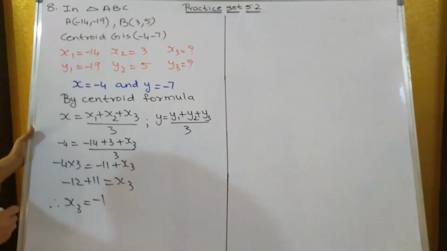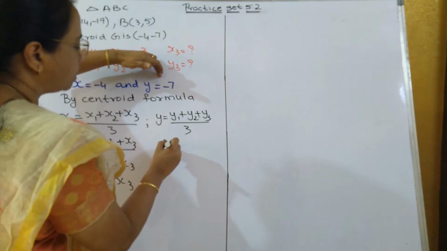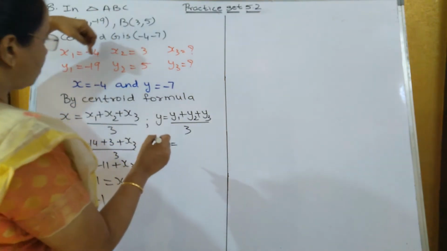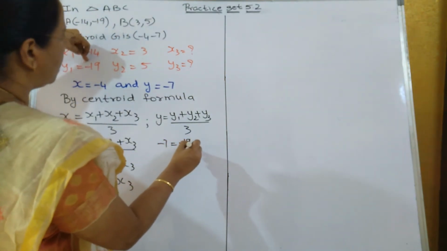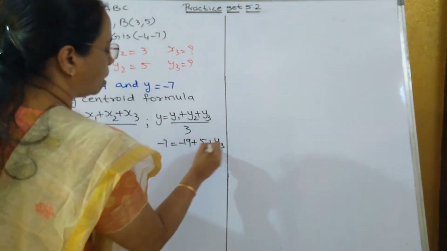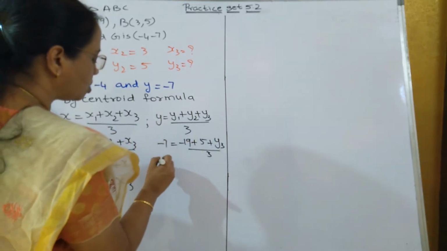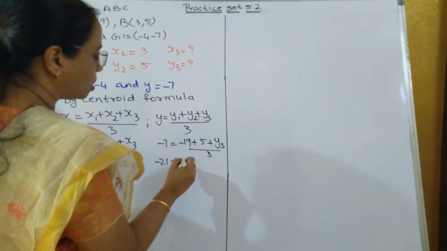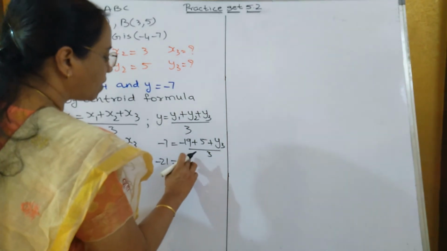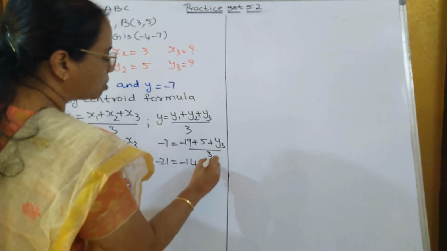Therefore x3 is equal to minus 1. Now y we already know, that is minus 7 is equal to minus 19 plus 5 plus y3 upon 3. Take this 3 to this side, minus 7 into 3 is minus 21, which is equal to minus 19 plus 5, that is minus 14, plus y3.